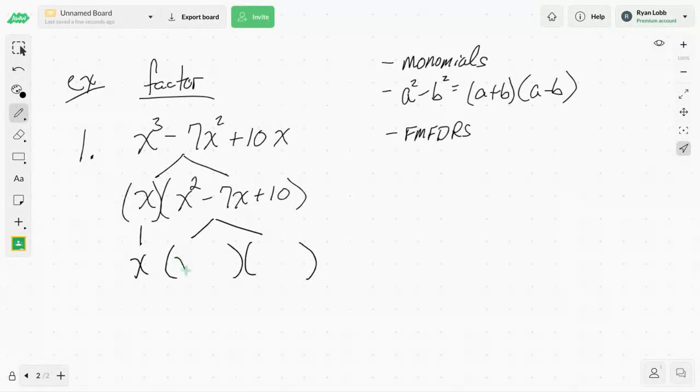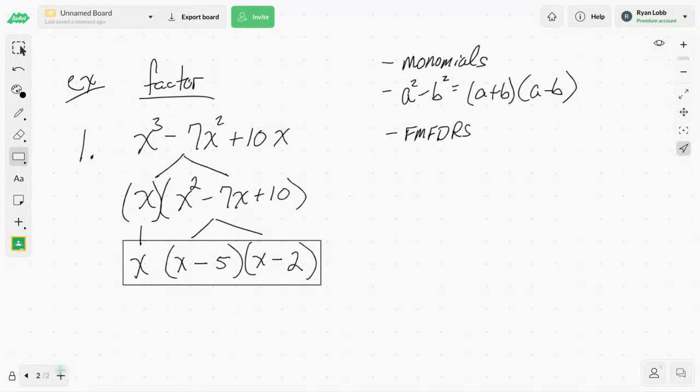What we have here is x, x minus 5, x minus 2. Signs are the same because of the plus and minus and minus. Now when we look at x times x minus 5 times x minus 2, we have 3 factors. I can't factor any of them anymore, which means I have factored my original polynomial completely, and there's my final answer.